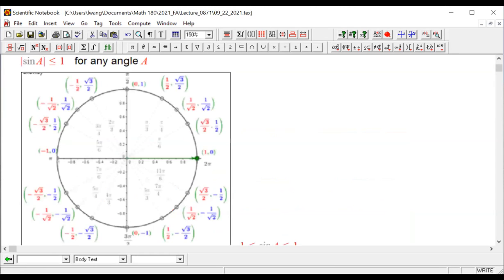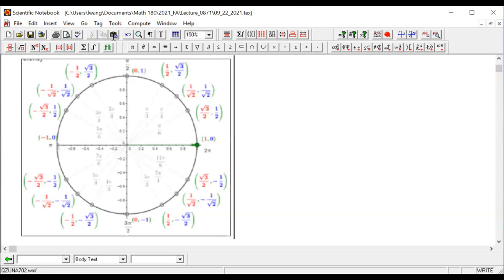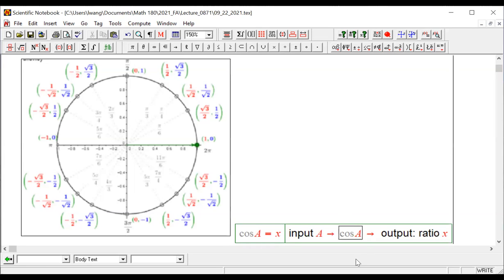It's about x. The input is A, any angle. The output is x. What are x? Are they the red numbers? That's right, you got it. The red numbers.